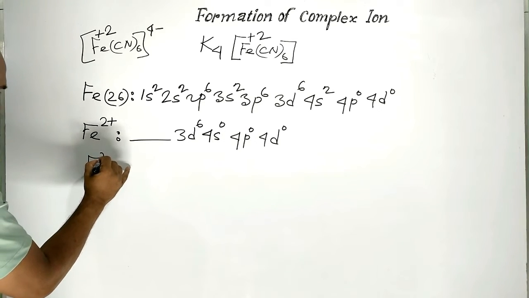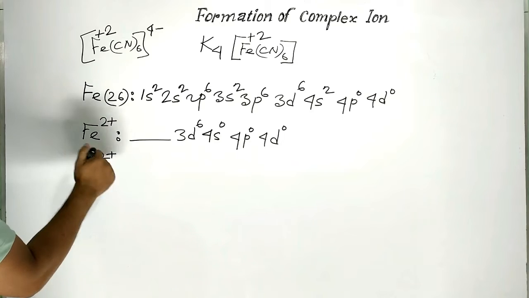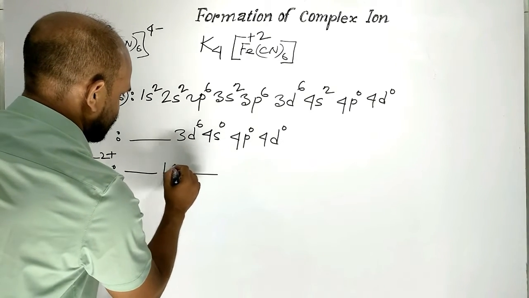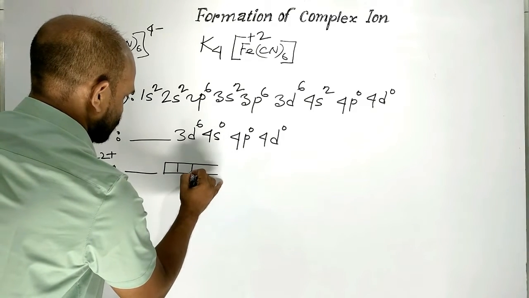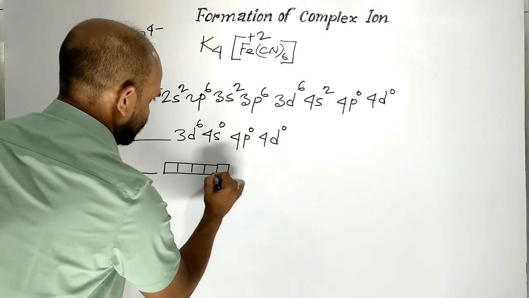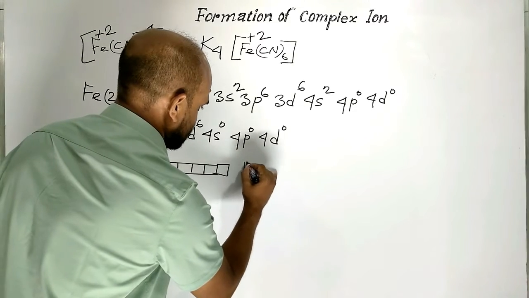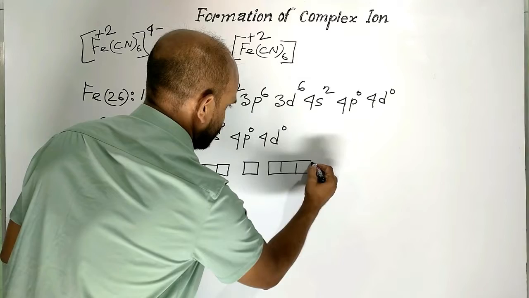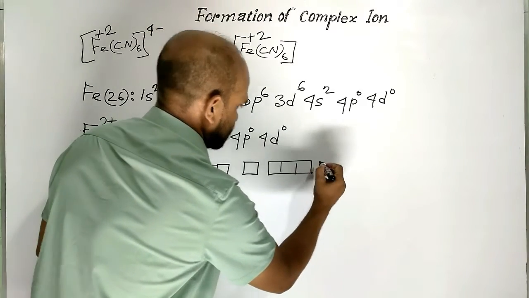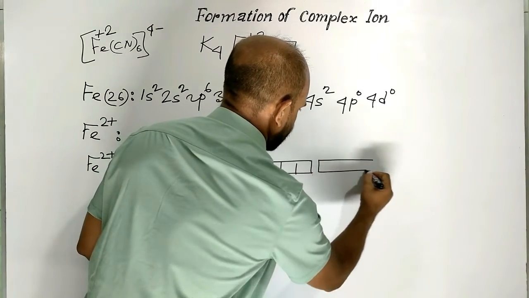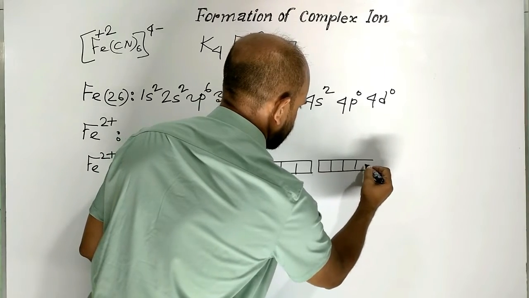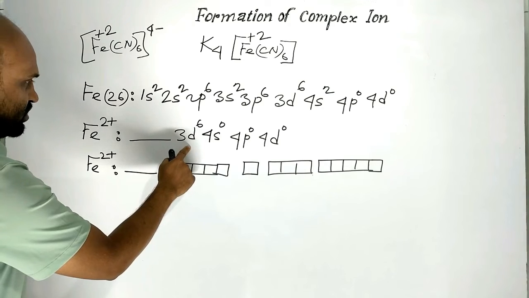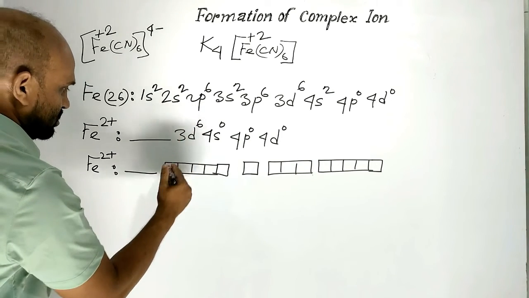Now let us see electronic configuration of iron 2 plus ion in box method, 3d orbitals, 1 2 3 4 5, 4s, 4p, 1 2 3. After that, 4d orbitals, 1 2 3 4 5. 3d orbitals contain 6 electrons.